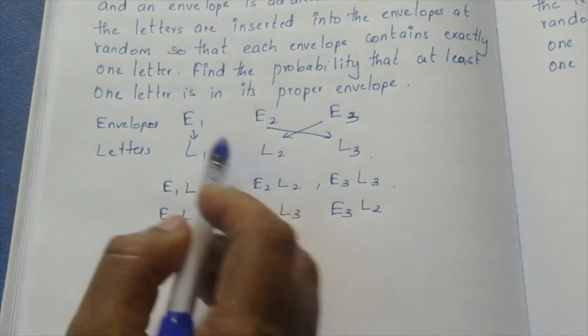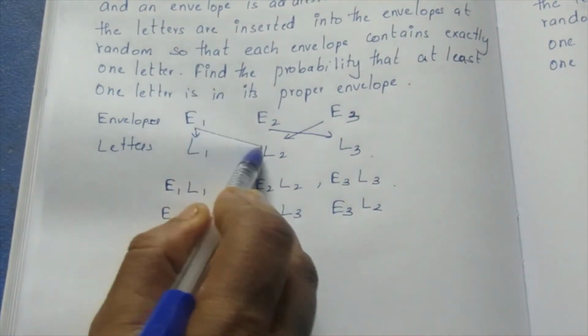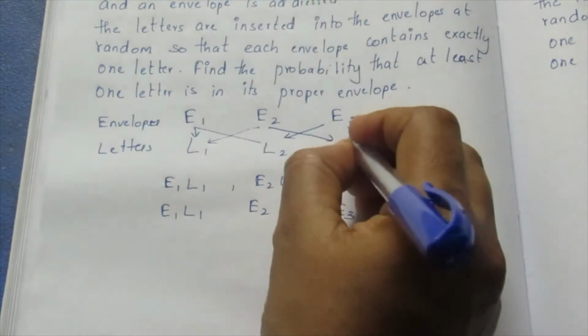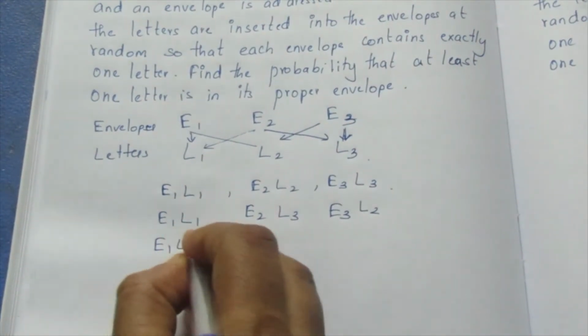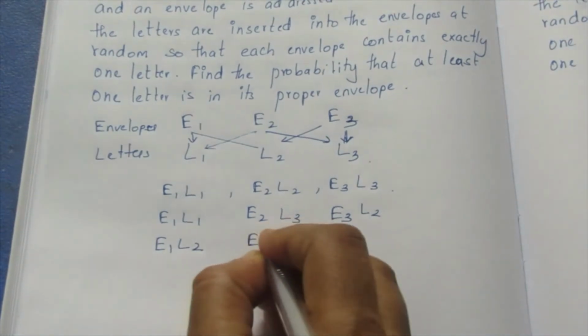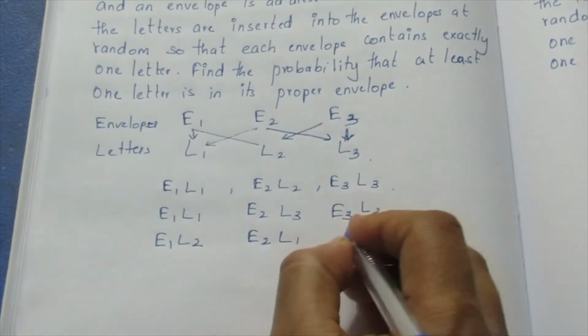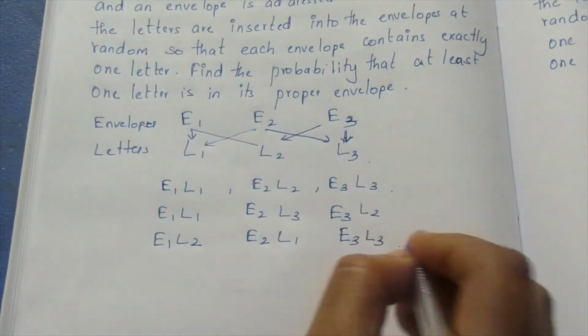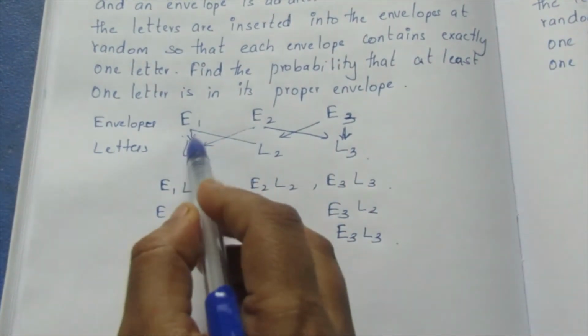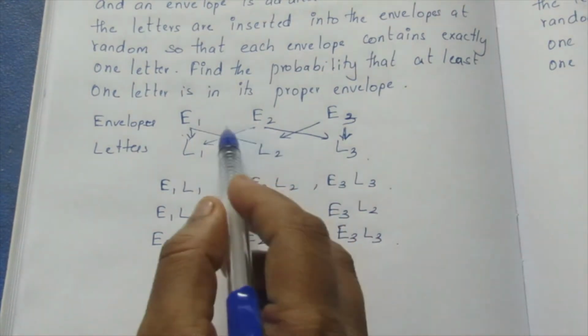Now write all the possible outcomes. Now we can change this, so we have E1 L2, then E2 L1, E3 L3. We can also change it here.